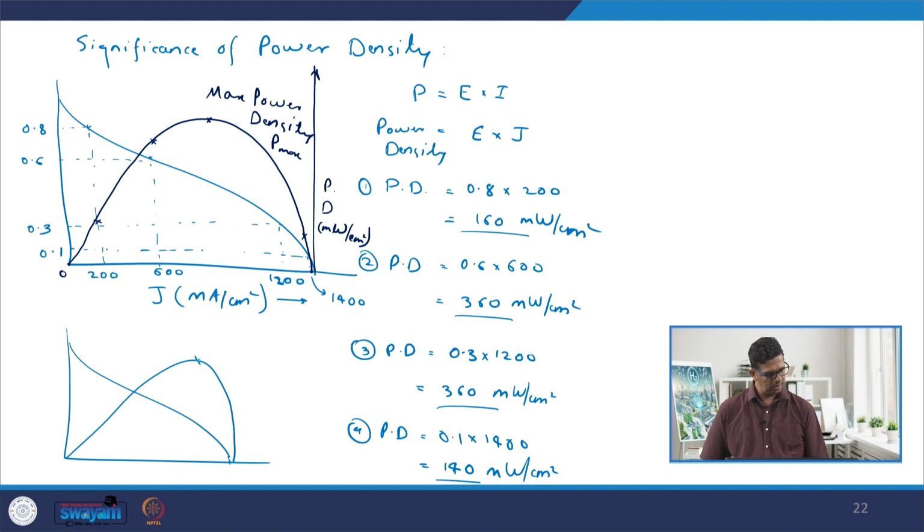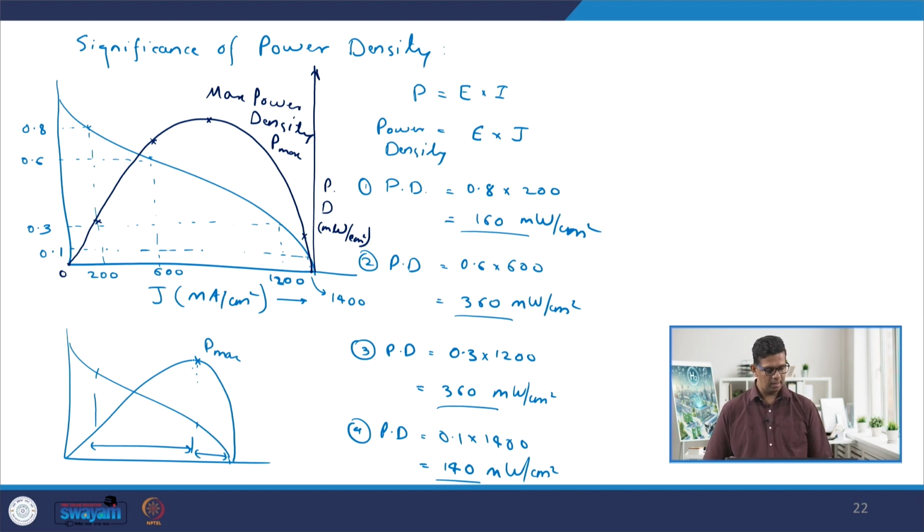This is our P max point, very close to the end of the ohmic zone. This is our ohmic zone and this is our mass transfer zone. So, by and large we get the maximum power density point somewhere at the end of the ohmic zone and the beginning of the mass transfer zone.